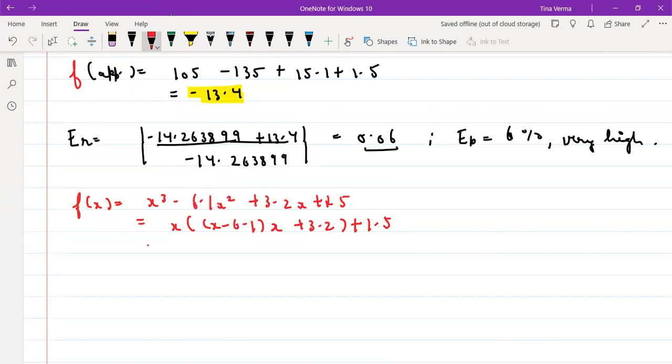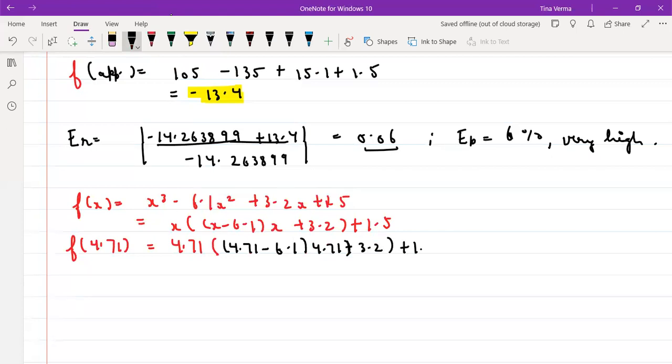And now when you substitute x equal to 4.71, the inner bracket will be 4.71 minus 6.1 into 4.71 plus 3.2 plus 1.5.